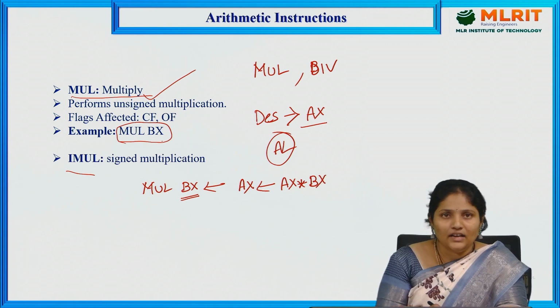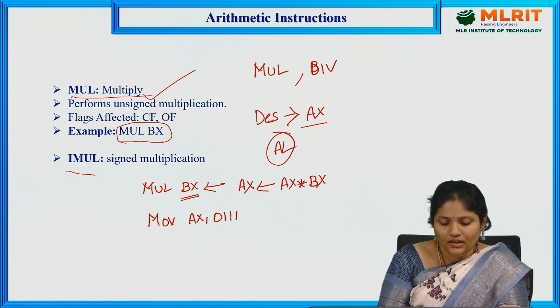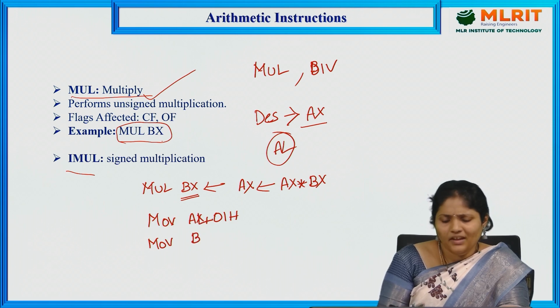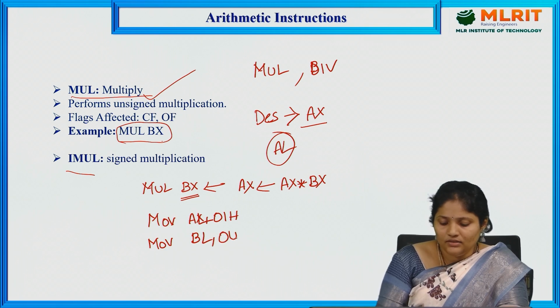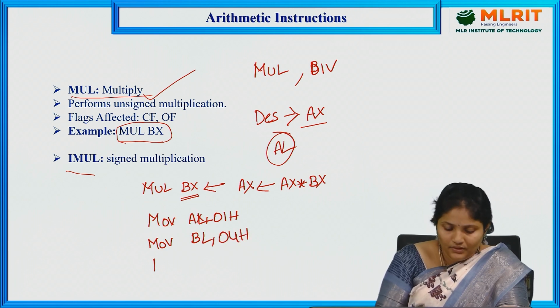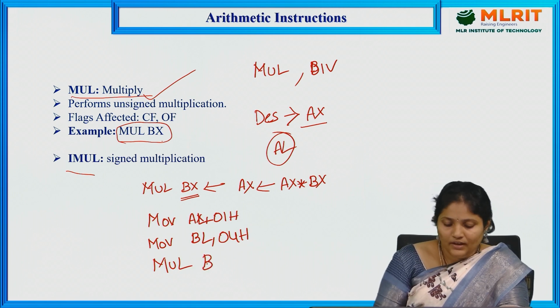So let us consider one example. If I move AL, 01H. AL is enough to hold 8-bit data, so I am changing it to AL. And if I take BL as 04H, now to perform the multiplication operation, you just mention BL.